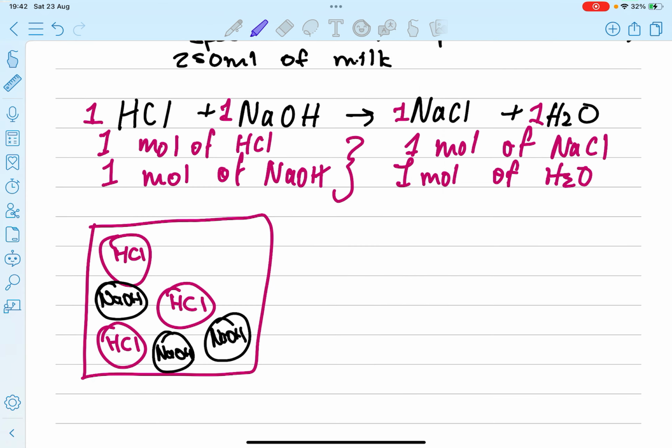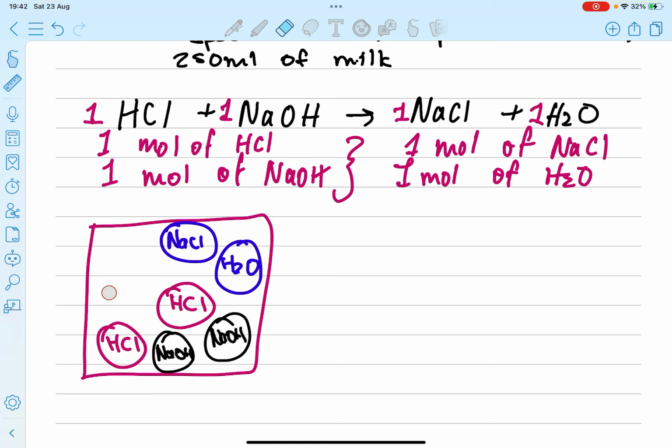That is going to form 1 mole of NaCl and 1 mole of H2O. Again, 1 mole of HCl and 1 mole of sodium hydroxide will form 1 mole of sodium chloride and 1 mole of H2O. That is our recipe.